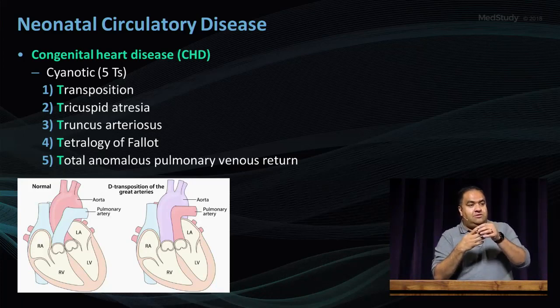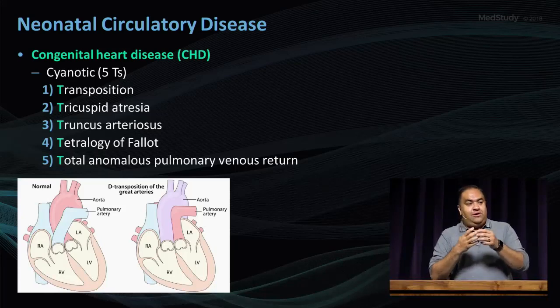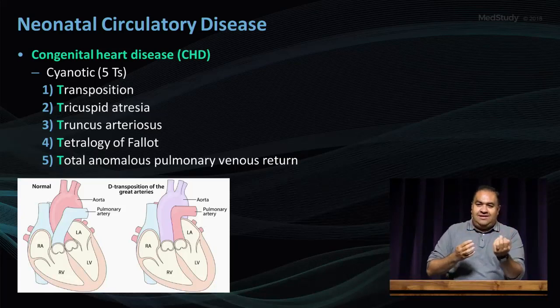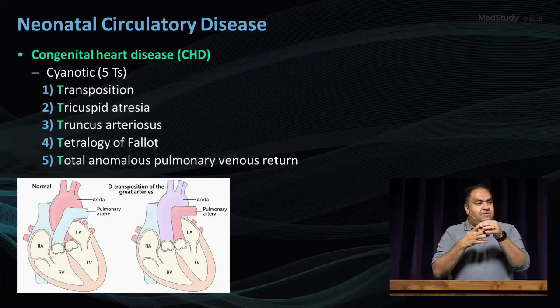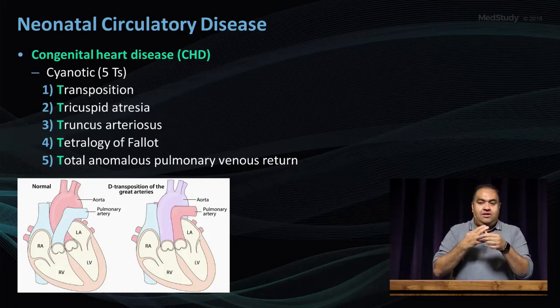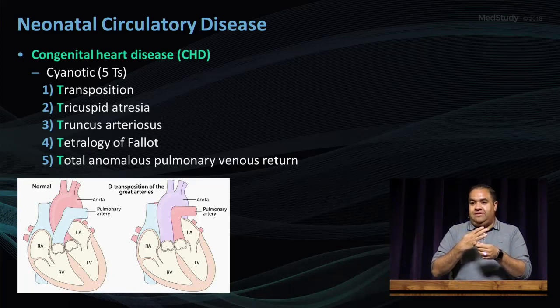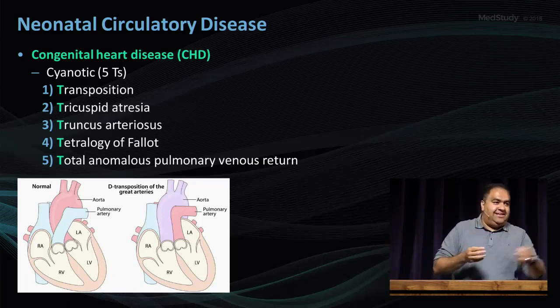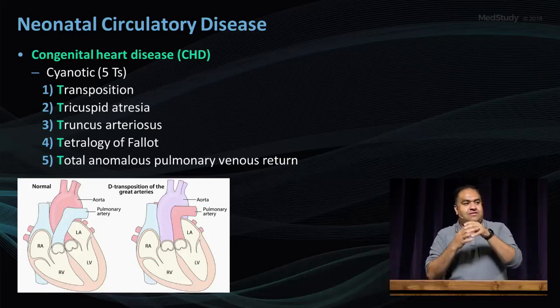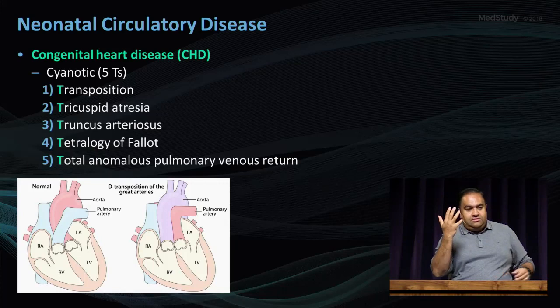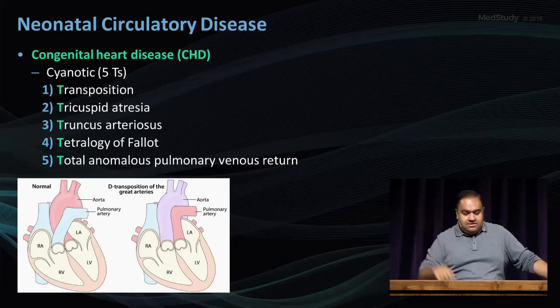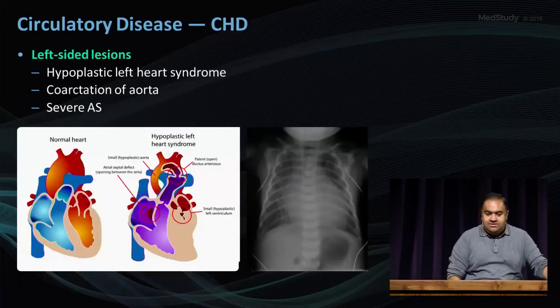You'll learn all this, but to prove that you have tetralogy of Fallot, think PROV, with a silent E. P is pulmonary stenosis, R is right ventricular hypertrophy, O is overriding of the aorta, and V is VSD. If you think VSD, what has an E at the end, that's how PROVe works. Then TAPVR, and then pulmonic atresia. Those are the cyanotic heart diseases.